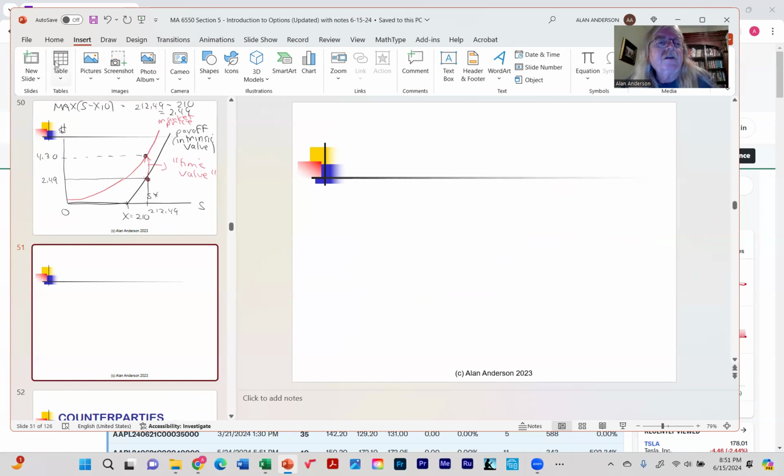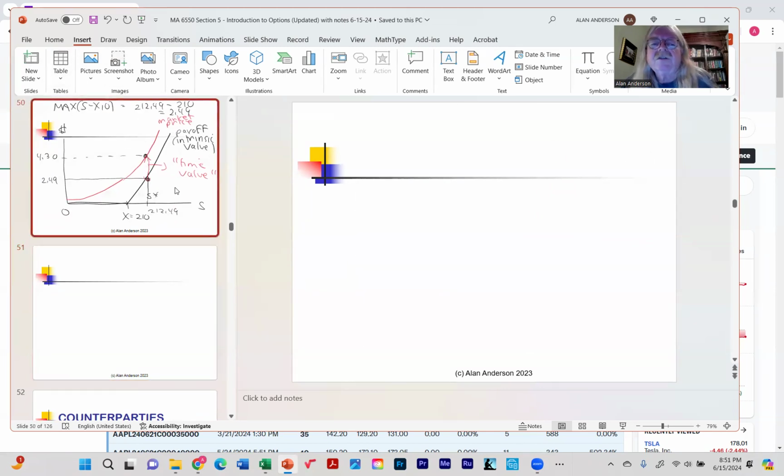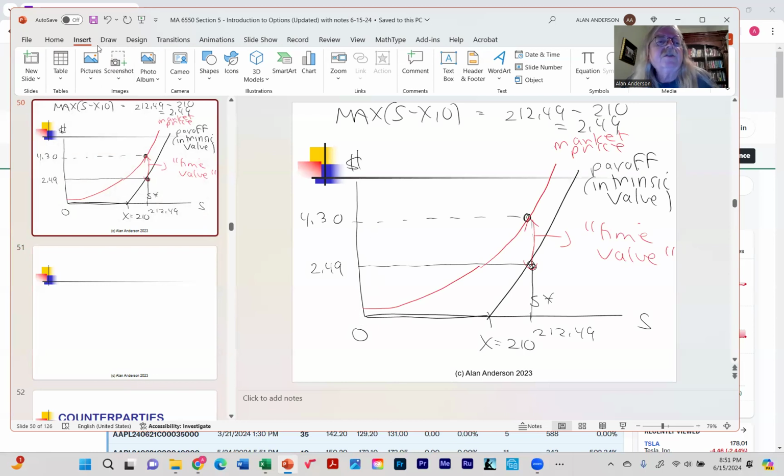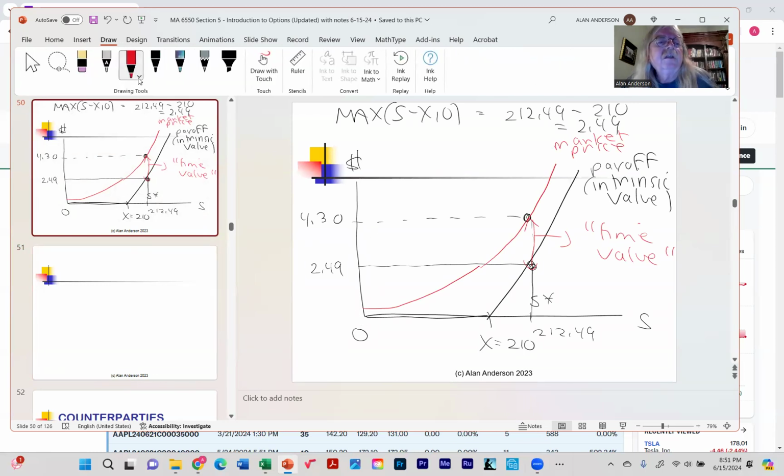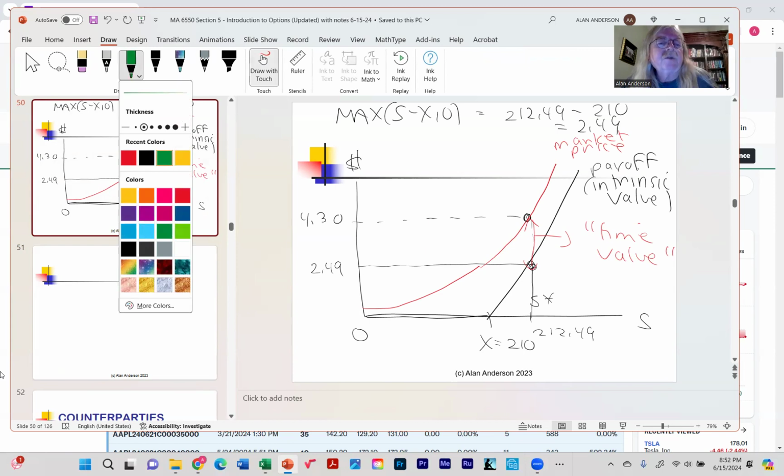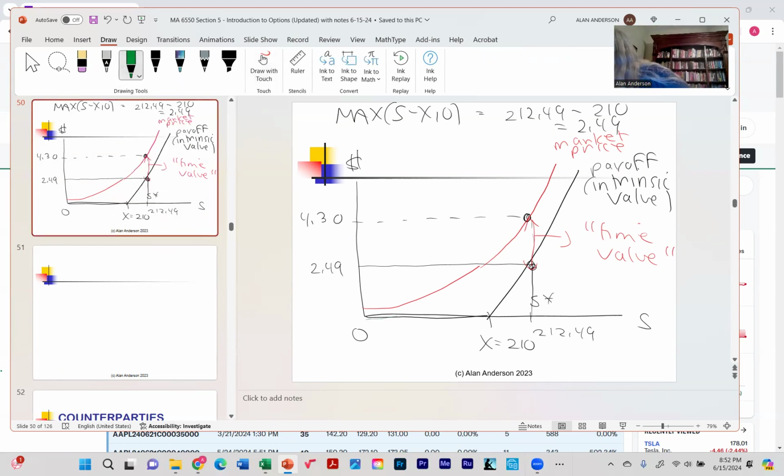So on the actual expiration date of this option, actually, you know what I could do? I'm going to introduce another curve here. I'll make this one green. So the red one, let's say that's the market price on June 15th.